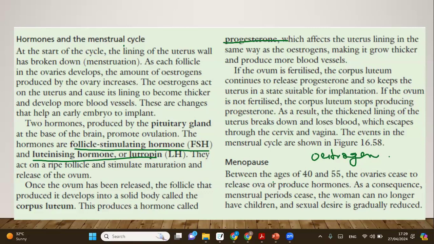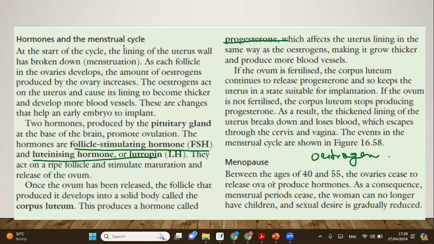Inside your brain, there is a small region that has the pituitary gland, and that pituitary gland produces a wide variety of hormones. These are just two. It produces your growth hormone, follicle stimulating hormone, luteinizing hormone, and your thyroid stimulating hormone. So that pituitary gland has a lot of functions.